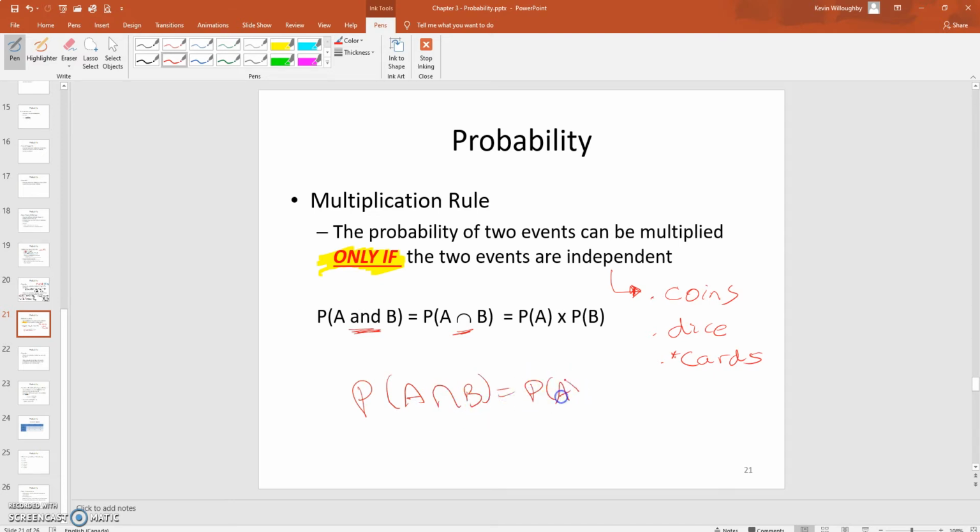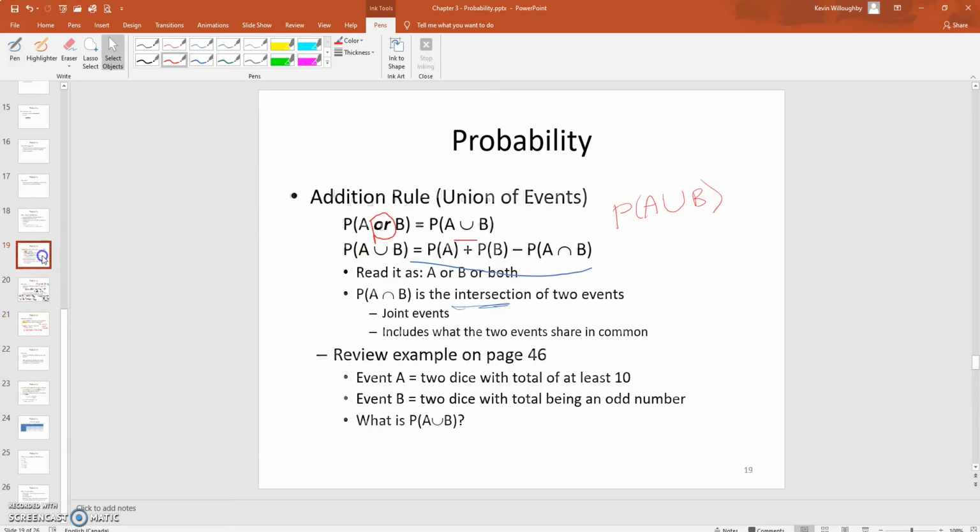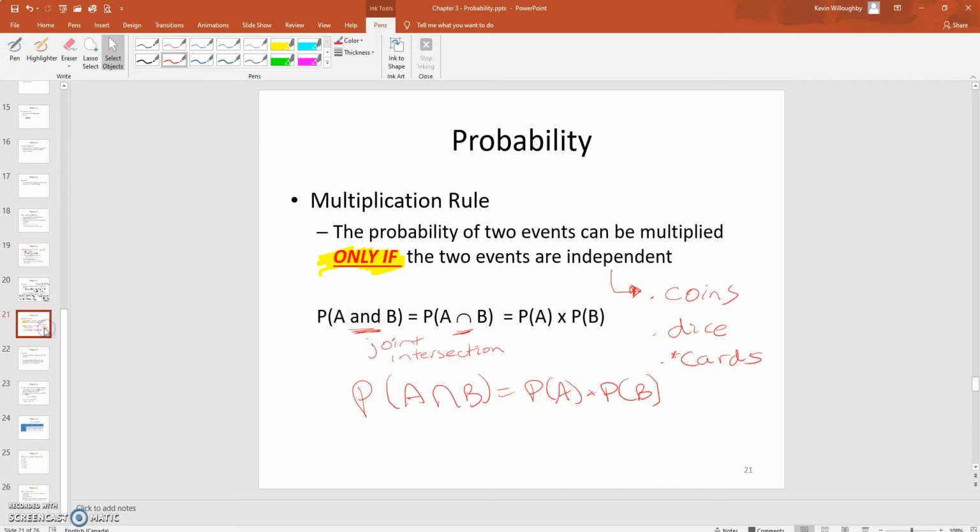We take the probability of A and multiply it by the probability of B. This and probability is the same as the joint probability, the intersection, as we talked about earlier in these videos, and it's also the same as what we need to subtract out in our addition rule right in here. So that is the same as what we are seeing in this multiplication rule.